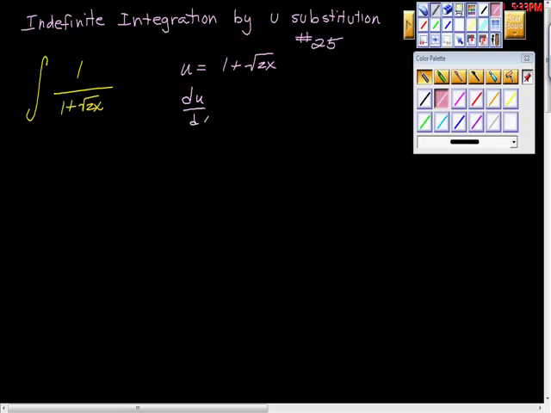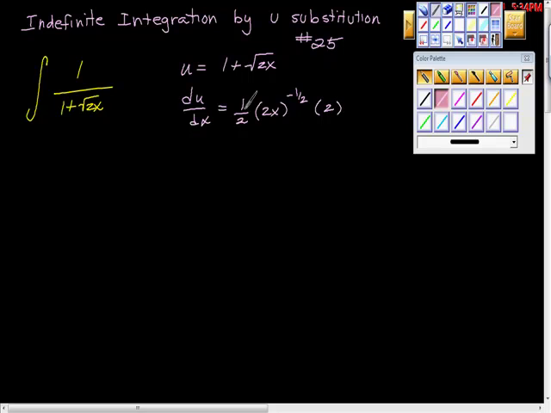Du dx is equal to, right, this is to the 1/2, square root is to the 1/2, so 1/2 times 2x to the 1/2 minus 1, which is negative 1/2. Then we take the derivative of the inside, the derivative of 2x is just 2, so we're using the chain rule here, aren't we.